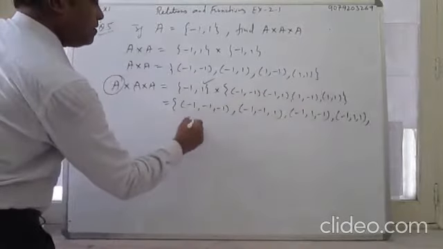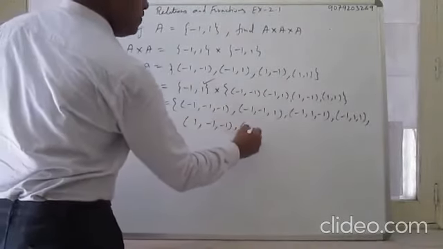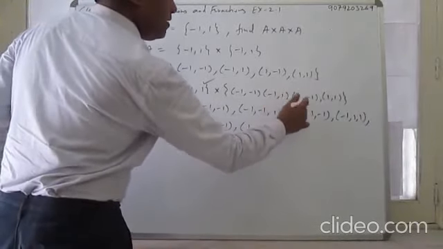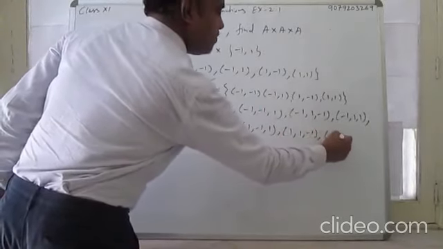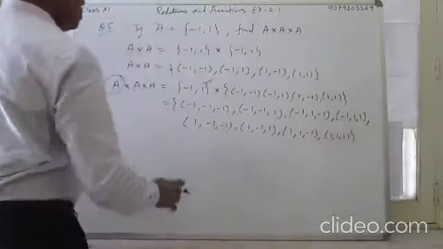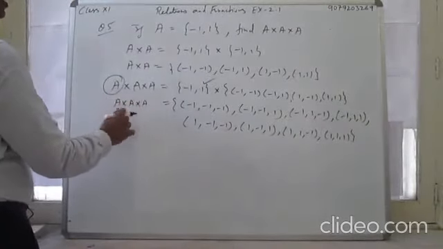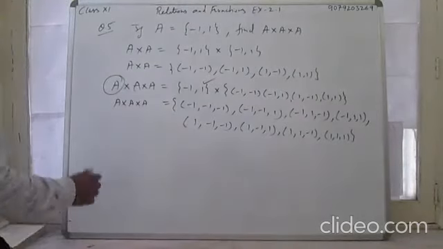So write it: 1 with (-1, -1), (-1, 1), (1, -1), (1, 1). So this is A cross A cross A. Now question number 6.